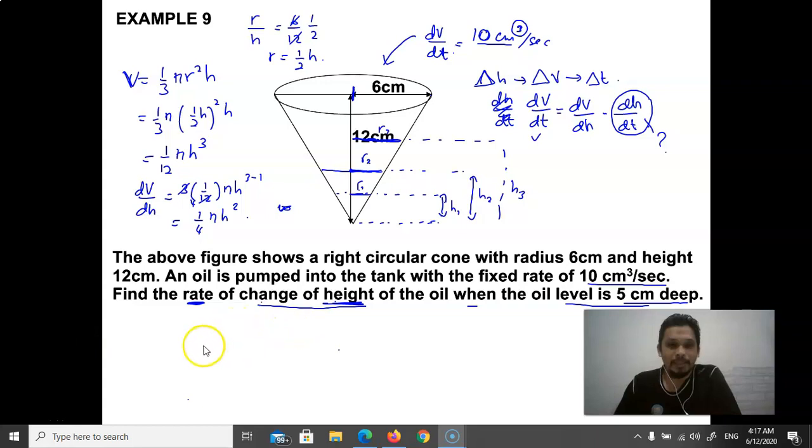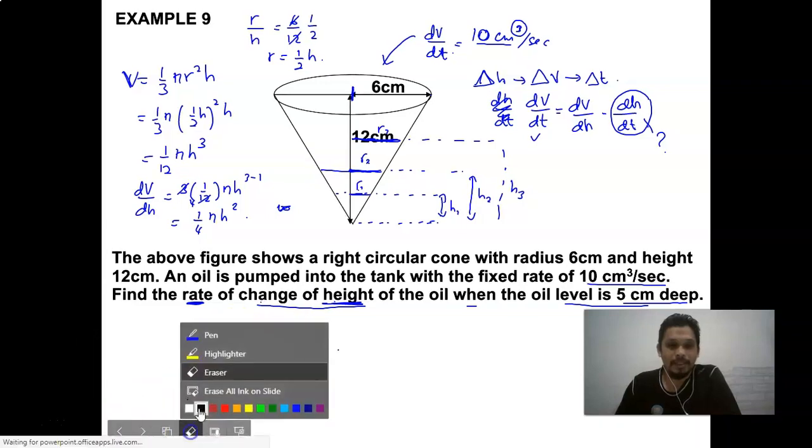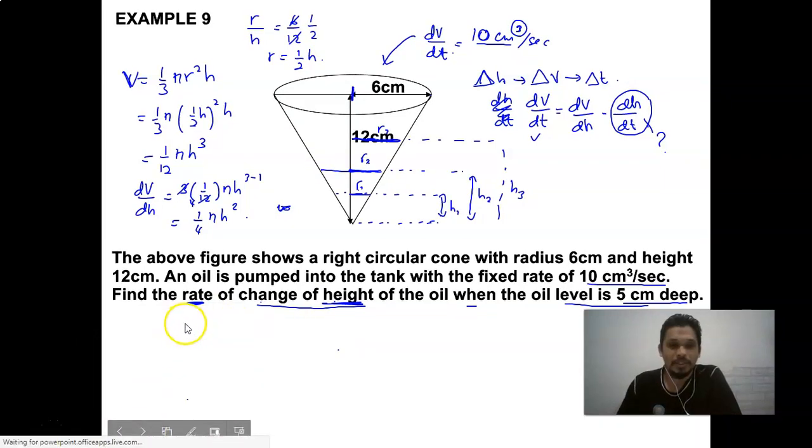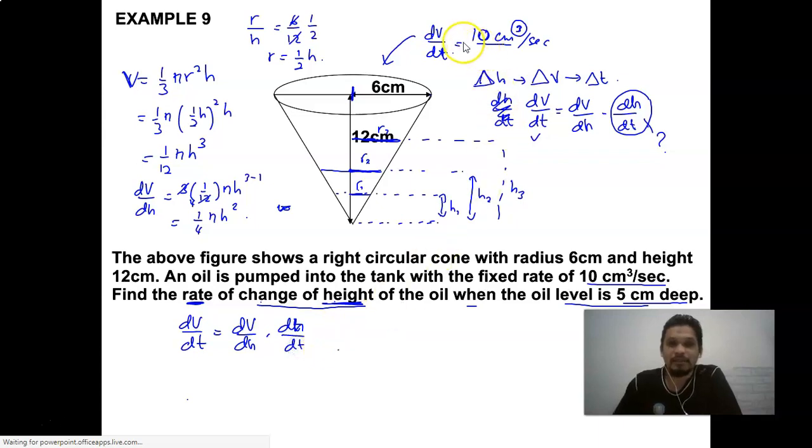Now let's rewrite our equation, where dV/dt equals dV/dH multiplied with dH/dt. The first information given in the question is dV/dt, which is 10 meter cubed per second.